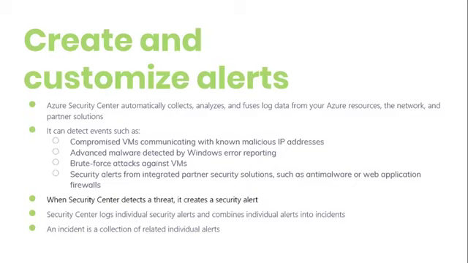The information included in an alert varies based on the type of analytics used to detect the threat. Incidents might also contain additional contextual information that might be useful during the investigation of a threat.